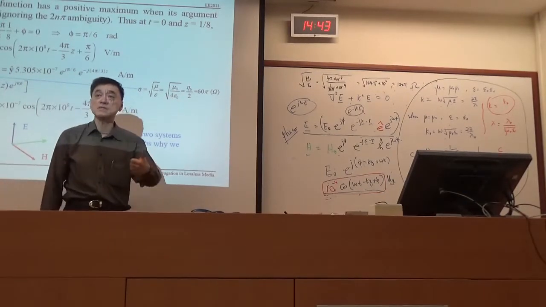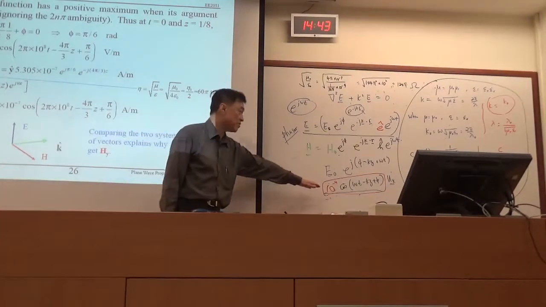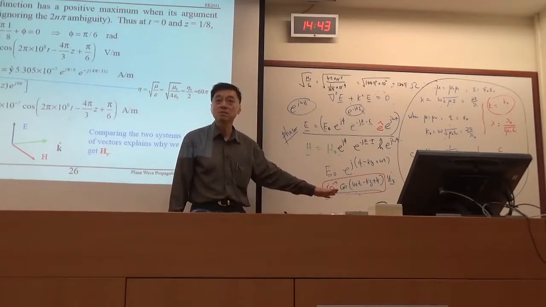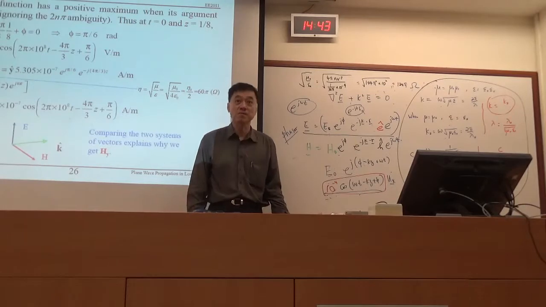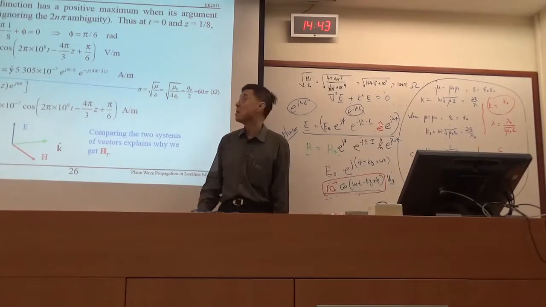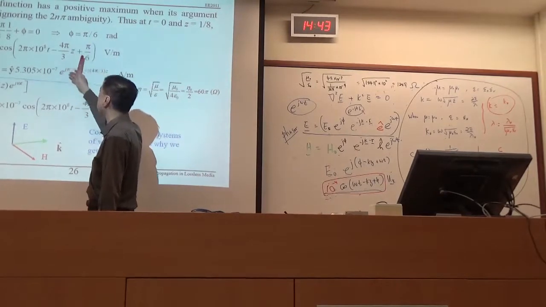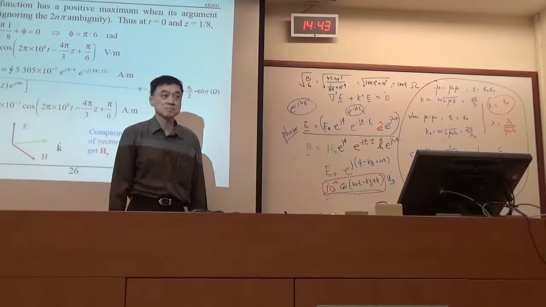So cosine 0 equals 1, and 1 times 10 to the power minus 4 is 10 to the power minus 4. It is positive. That is how they find the angle phi equal to pi over 6.